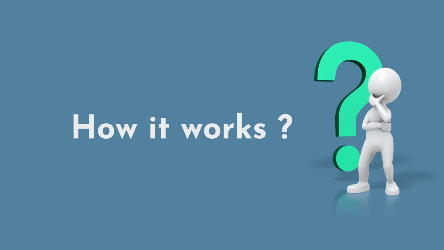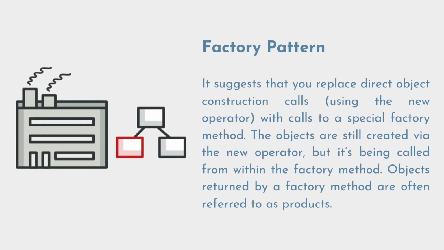How does it work? The factory pattern suggests that you replace direct object construction calls with calls to a special factory method. The objects are still created via the new operator, but it's being called from within the factory method. Objects returned by a factory method are often referred to as a product.